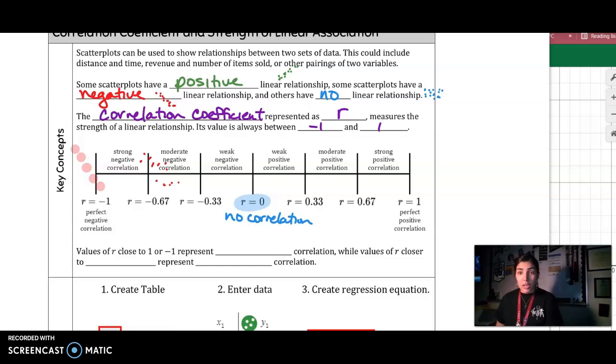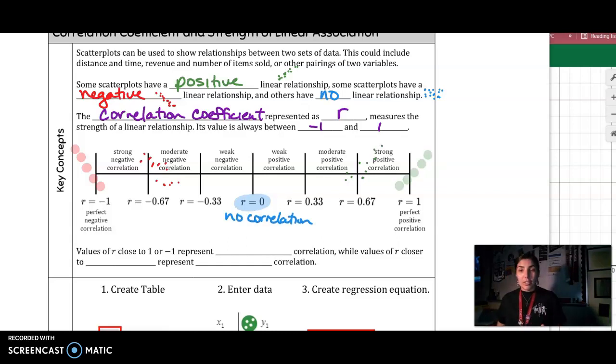It's not strong, it's not weak, it's just zero. There's no relationship between points. Until we get all the way over, getting closer and closer together in the positive direction, till we get to that perfect positive correlation where the dots are in a perfect straight line.